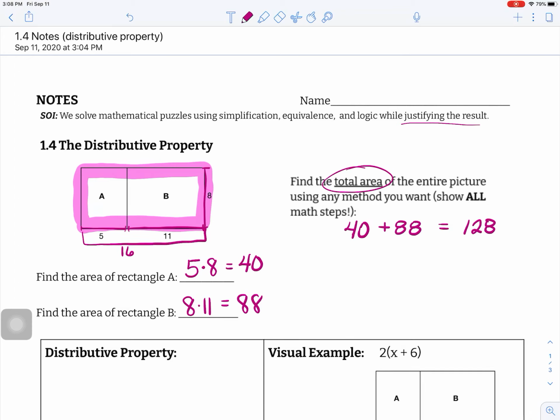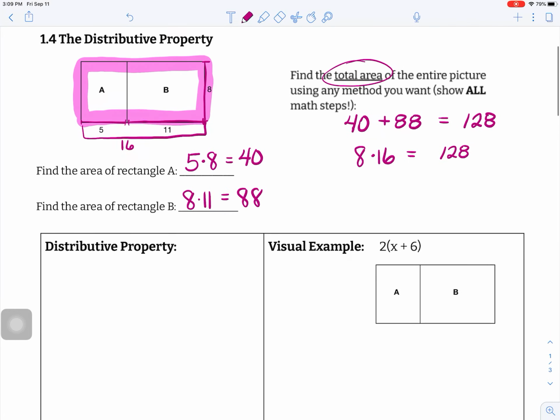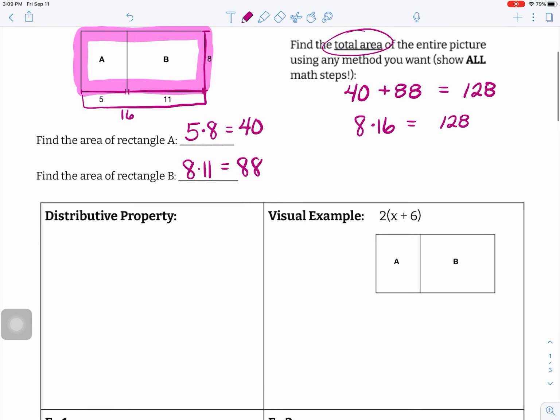So I could have just said 8 times 16, which also gives me 128. The reason why I start with this area model is because this is a really good way to visualize what's actually happening when we use something called the distributive property.